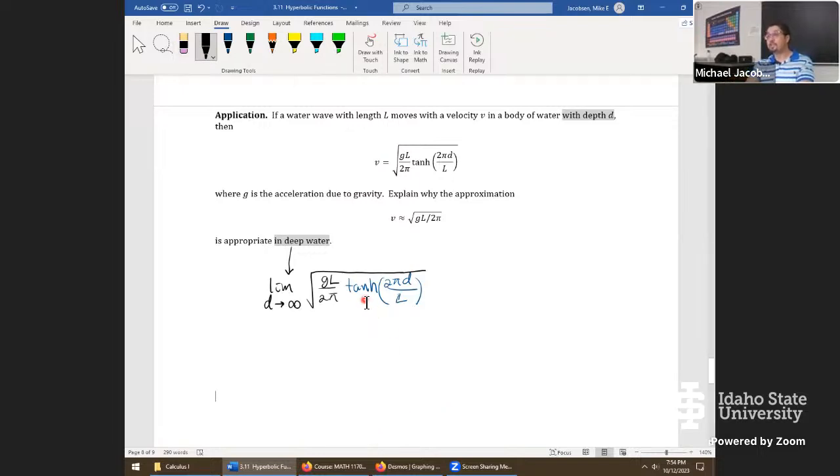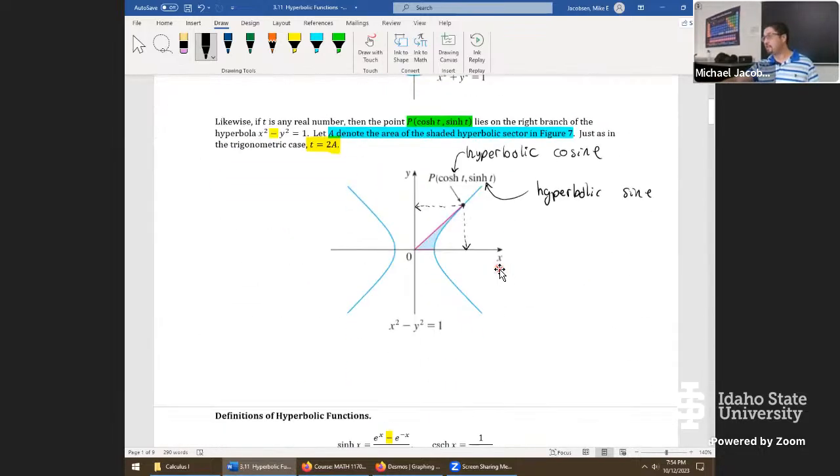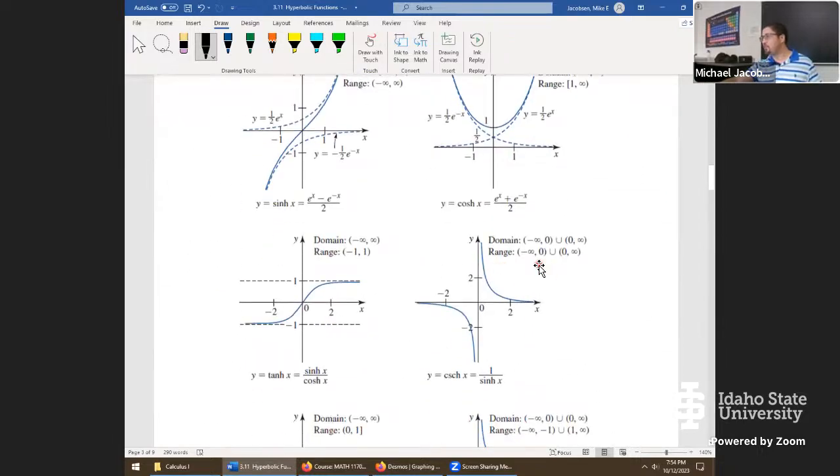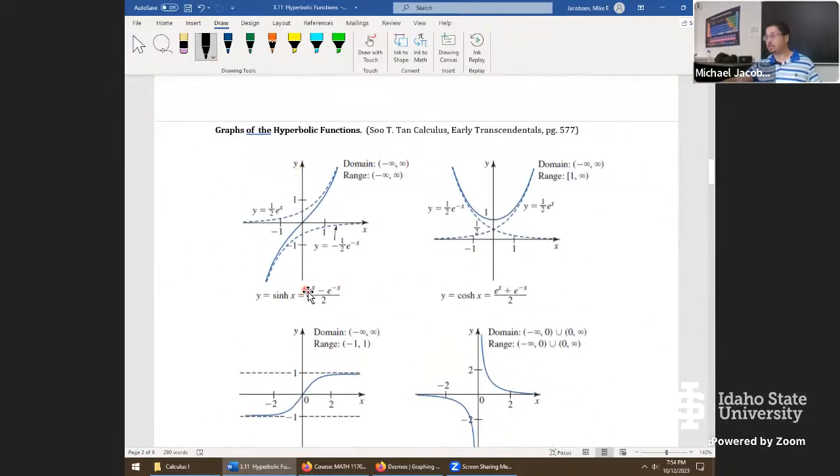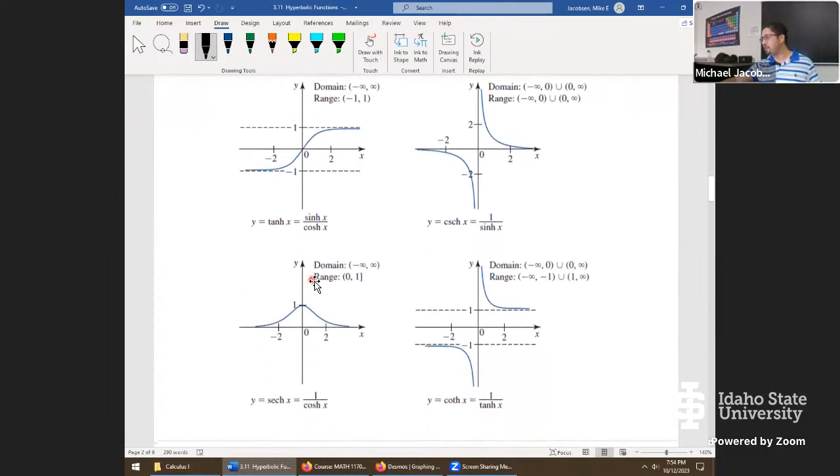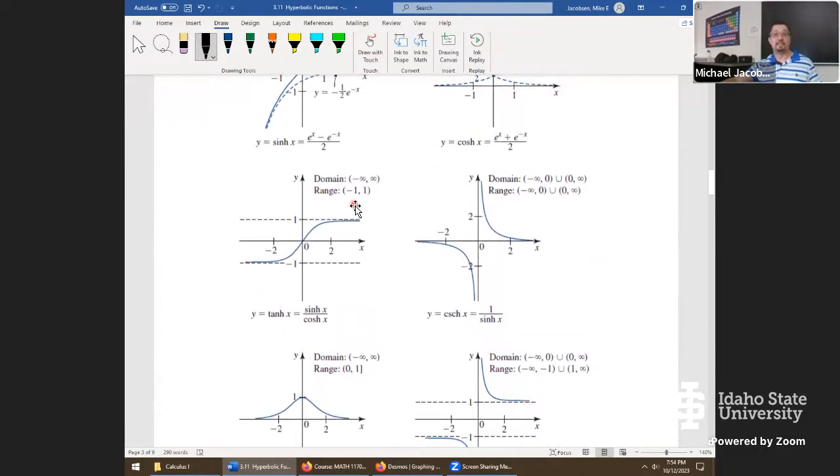The good news for us, though, is we do have a graph for hyperbolic tangent. We're going to go cite what the graph looks like and use it to evaluate the limit. So let me scroll up for just a moment. Not that far. We want to go to, let's see, graph and then function. So hyperbolic tangent is this one right here.